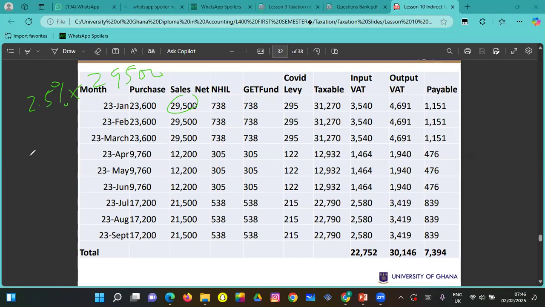Then we calculate 2.5% on the sales again. The first one is for NHIL, the second one is for Get Fund. Then we calculate 1% for COVID.